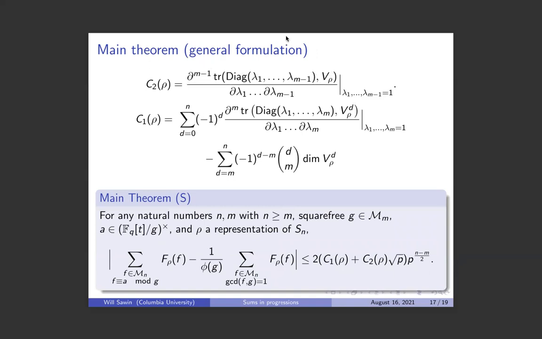And then I'll differentiate it in each of those variables, and then I'll set the variables equal to 1, and that produces C2. And then to make C1, I take V_rho,d, I look at a diagonal matrix with formal entries, I differentiate in each one, I set them equal to 1, I do some alternating sum, and then I subtract some factor which involves the dimension of V_rho,d and involves binomial functions.